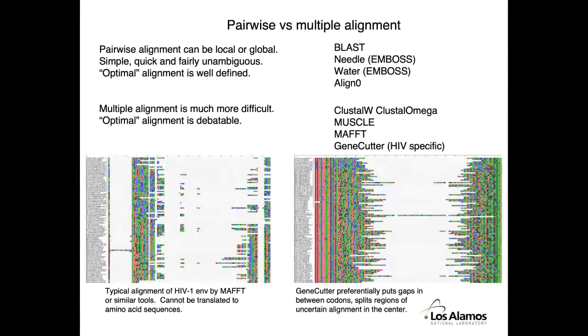So our gene cutter tool focuses specifically on getting all of the HIV genes aligned in frame. Here I'm showing AliView views of the alignment, where you can flip back and forth between protein and DNA views.